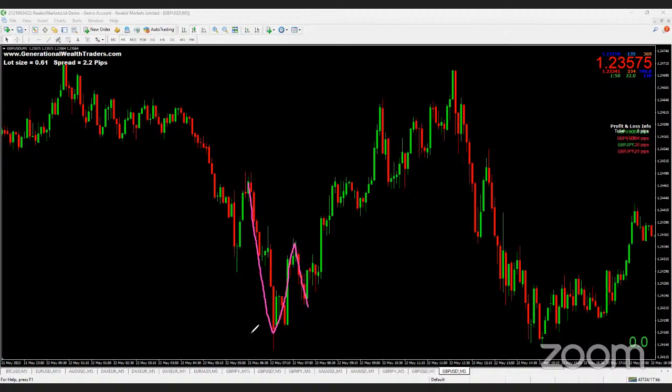This is the low or the bottom. But see, it's not a perfect W because it did not come all the way here to line up with here. Instead, it stopped here and began to go all the way up. This would have been some good profit. So straight away, you see that this is a W, but it is not a perfect W.